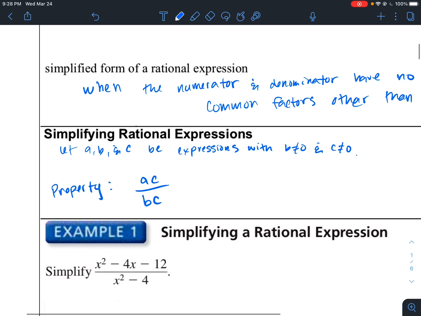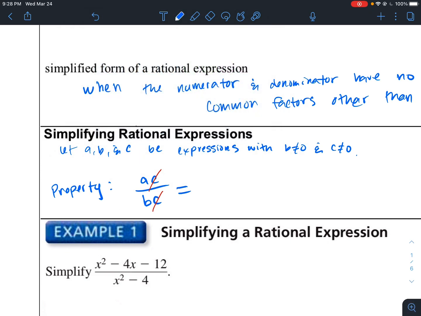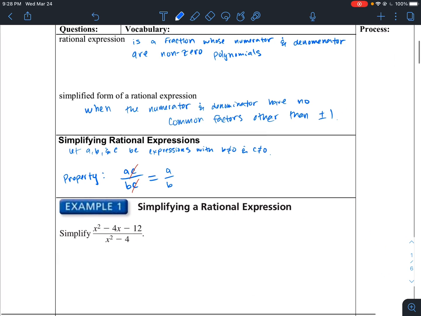Then a times c over b times c have a common factor of c. To simplify, these cancel out from the numerator and denominator. So you divide out the common factor, and this would be equal to a divided by b. We've been using this property all year long. It should be second nature at this point.